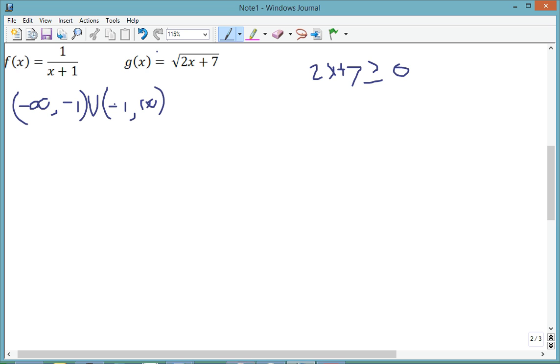All right, so when we solve this, we get 2x is greater than or equal to -7, and divide by 2. So in this one we have everything including -7/2 up to infinity.